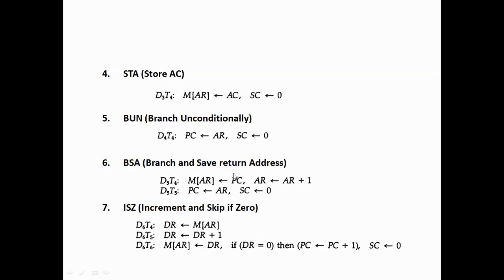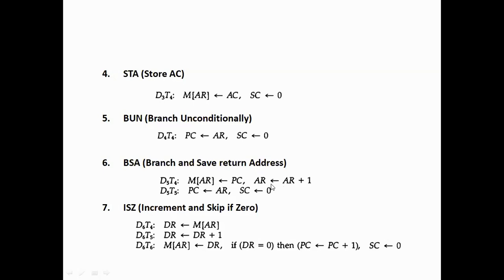But at the same time, we have to save the return address so that we can return back. So for this, first of all, we need to save the return address, then only we can branch. What is the return address? That will be obviously in PC, because PC contains the address of the next instruction. We first write it in memory for the purpose of saving. So we just saved this thing, fine.